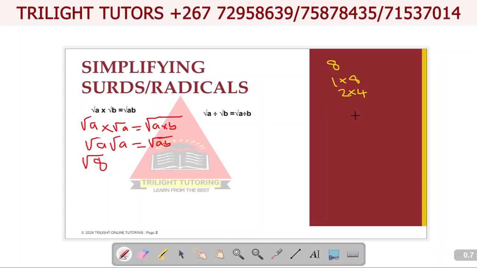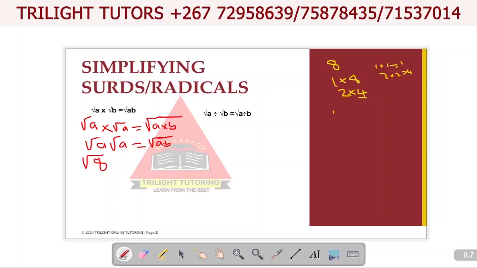Remember, when we talk about a perfect square, we mean a number that gives you that number when multiplied by itself. Let's say we have 1 times 1, it gives us 1. That's a square number. 2 times 2 will be 4. 4 is a perfect square number, right? So here we have 4.